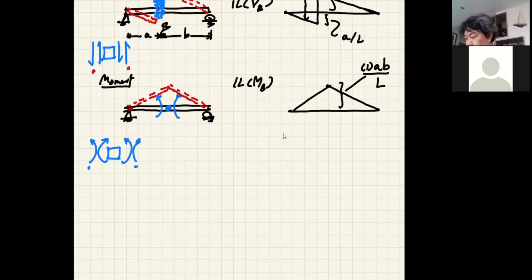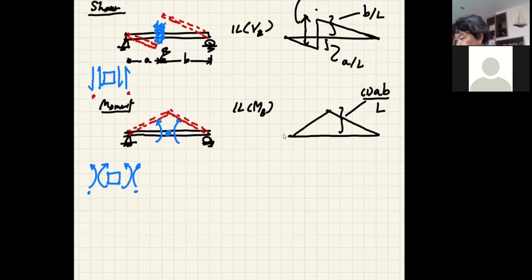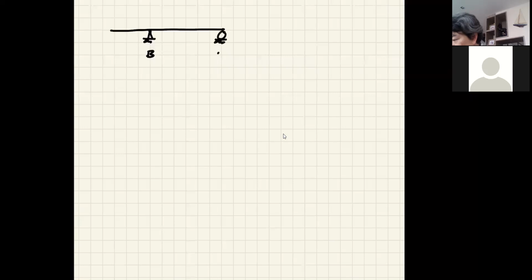Okay. I can give you a further review by looking at some structure. Let's say the beam looks like this. This is a hinge at B. This is a roller at C, and we are interested in point A as well.